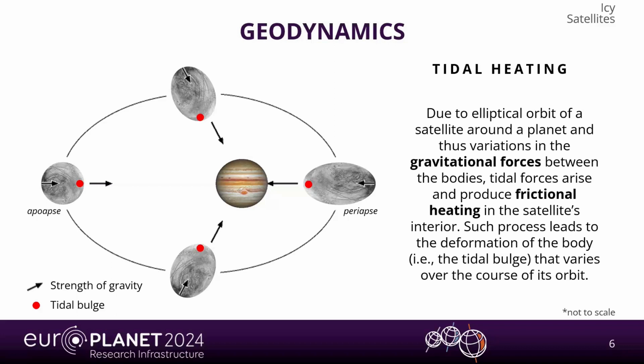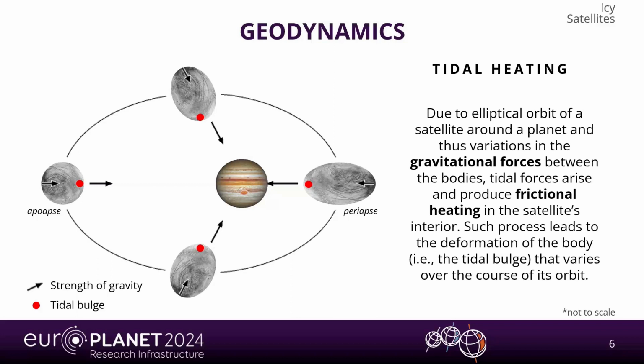So such gravitational forces induce internal heating at the interior of the satellites and lead to variation in shape along the orbit of the satellites around the parent planet.